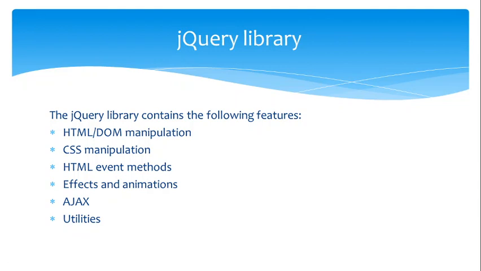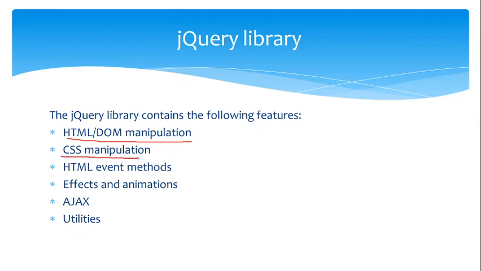Okay, what is the jQuery library? The jQuery library contains the following features: HTML or DOM manipulation. HTML is hypertext markup language, and DOM is document object model manipulation.